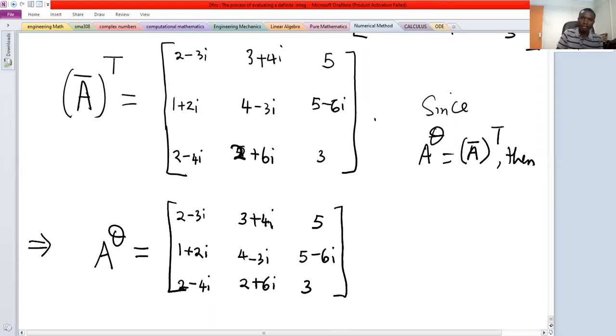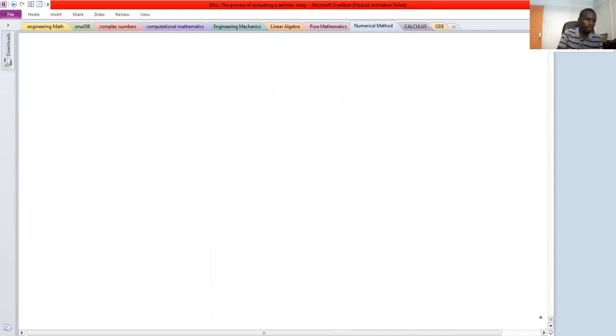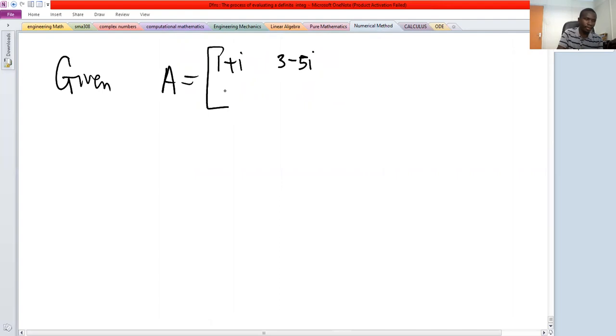And then example 2. Given A is 1 plus i, 3 minus 5i, 2i, and 5.